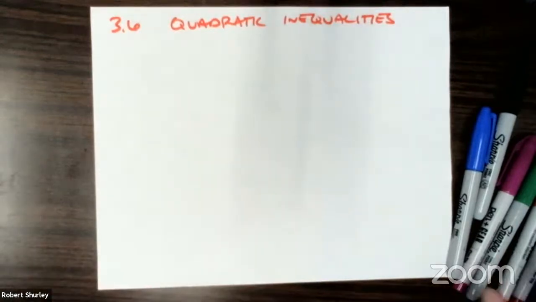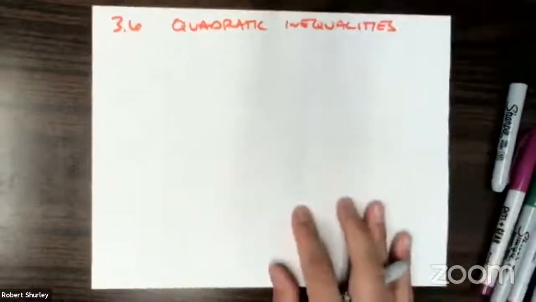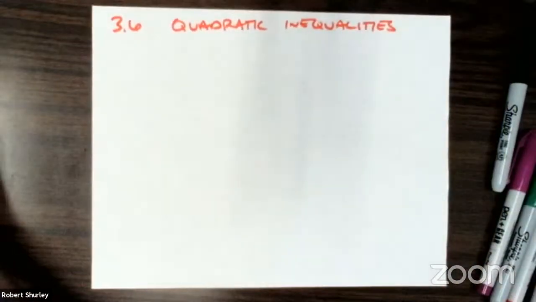Okay, so today we're going to talk about the quadratic inequality. So we're going to go over 3.6, just a few housekeeping things.